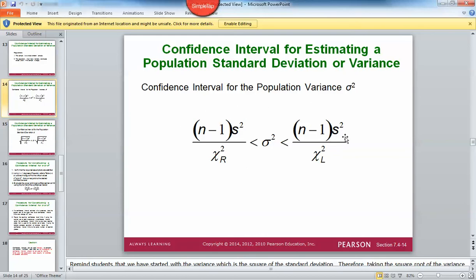To get the right endpoint, N minus 1 times sample variance divided by the left critical chi value. So to find the left endpoint, use the right critical chi value. To find the right endpoint, use the left critical chi value.